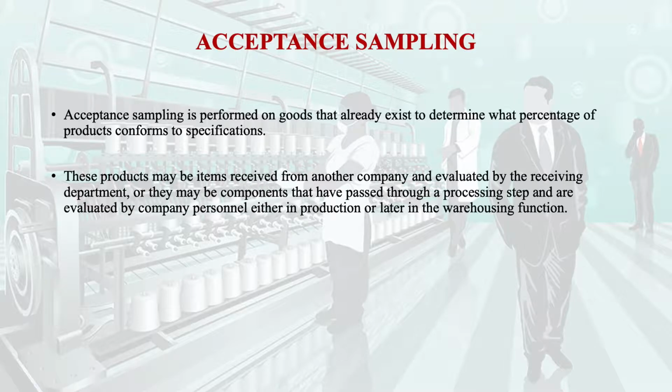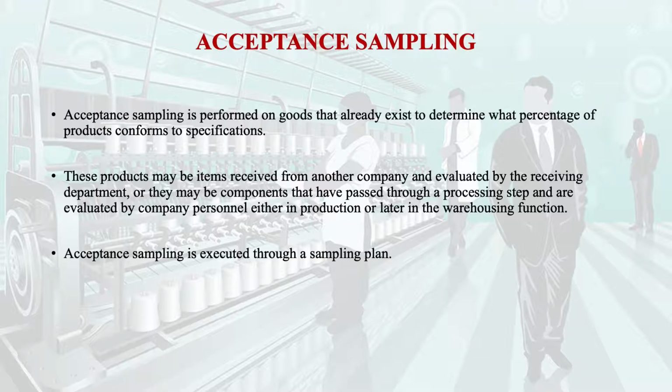These products may be items received from another company and evaluated by the receiving department, or they may be components that have passed through a processing step and are evaluated by company personnel either in production or later in the warehousing function.